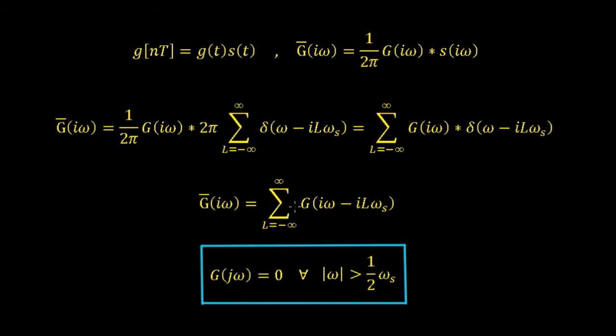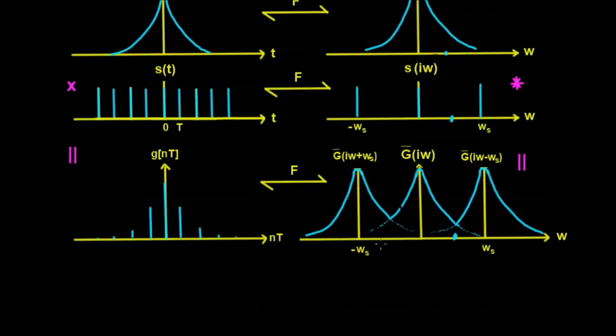So this is just the function g of i omega, which is delayed by integer multiples of L omega s from L equals minus infinity to infinity, and that's going to give us this g hat of i omega, which is our discrete time Fourier transform. So this equation here is this function here.